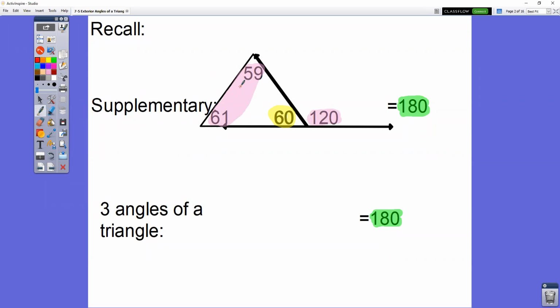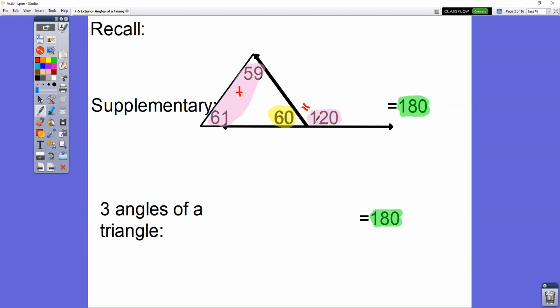And that happens every time because of the shared angle in the middle, because both supplementary angles and the three angles of a triangle add up to 180 degrees. They have that in common. So when we have this shared angle and we take 60 away from one of them and we take 60 away from the other one, it means that these two angles added together equals this outside angle.